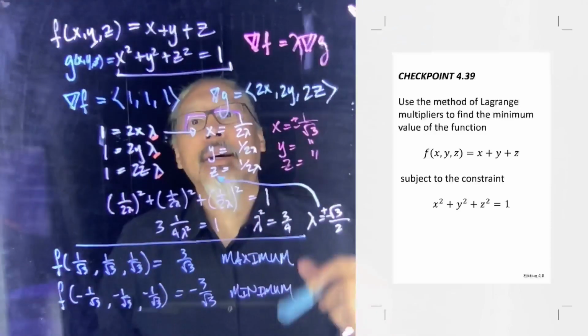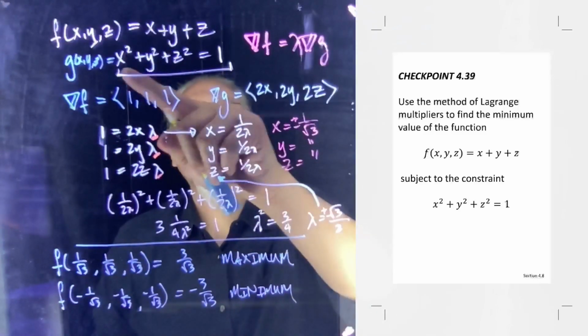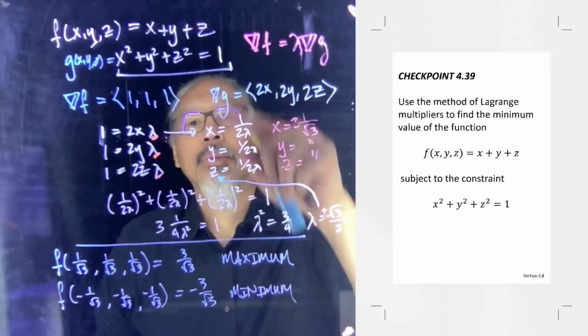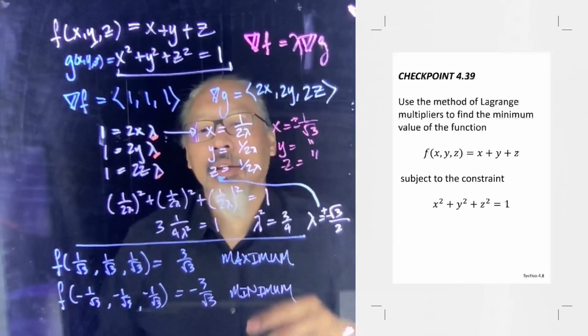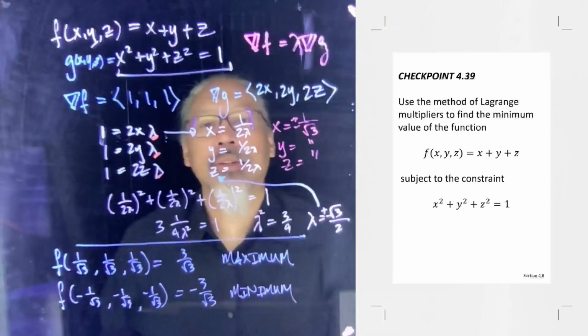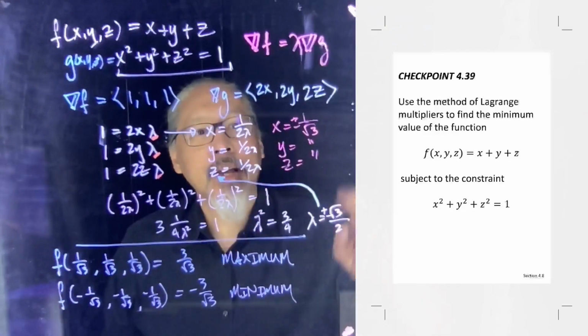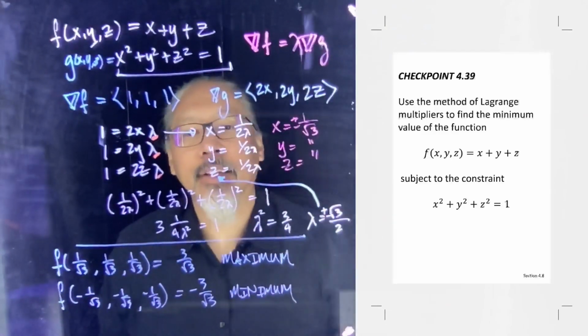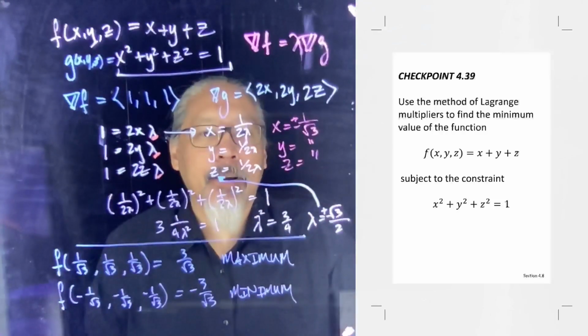And then if you graph x squared plus y squared plus z squared equal to 1, which is a unit sphere, you'll see that these two planes will be tangent to the unit sphere, and they'll be tangent at these points specifically. I hope that helps.